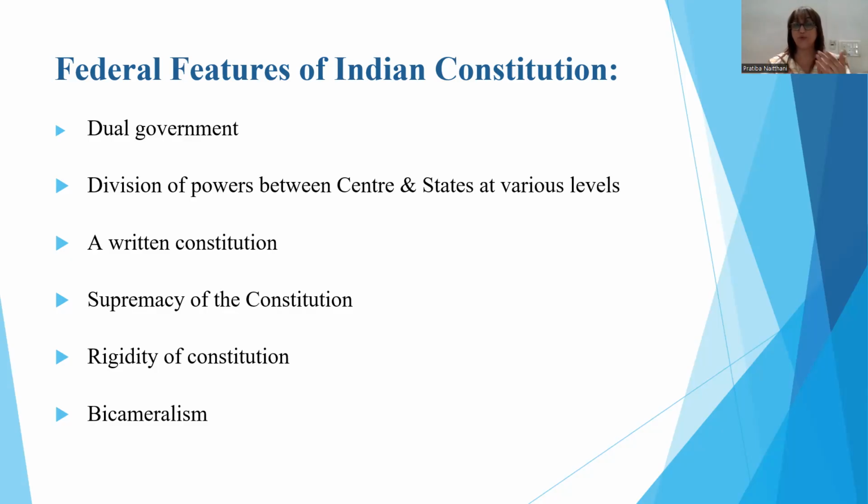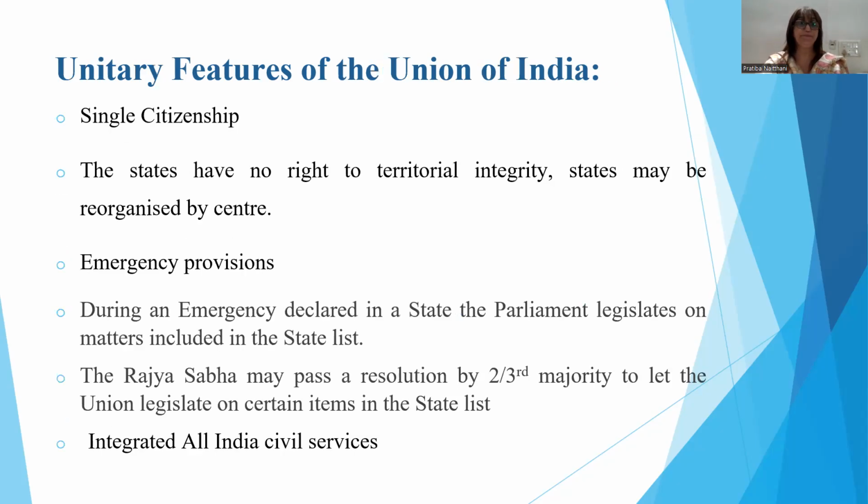Please remember, we don't directly elect them. So who elects them? The state legislative assemblies. They elect the representatives of their state to be sent to the Rajya Sabha. So that's what we have done in the bicameral legislature. We are representing the people and we have representation for the states as well. Now, these are the federal features.